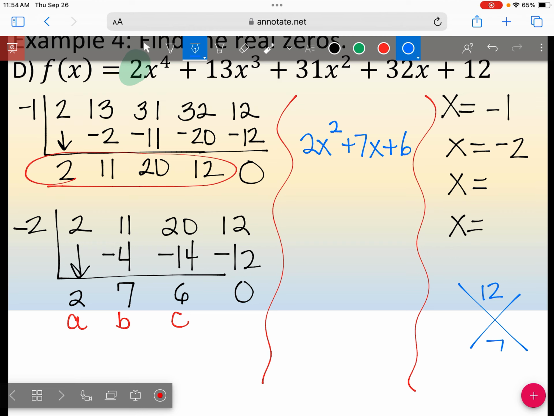You need 2 numbers that multiply to 12 and add to 7. What would be your 2 numbers that multiply to give you 12, but add and give you a 7? 4 and 3, okay.